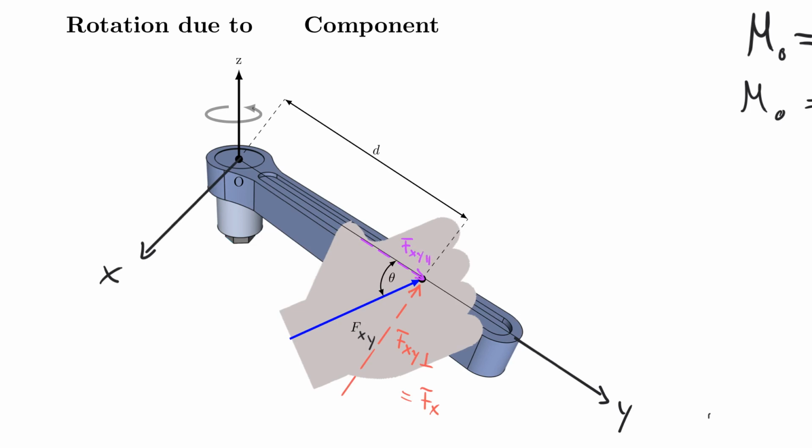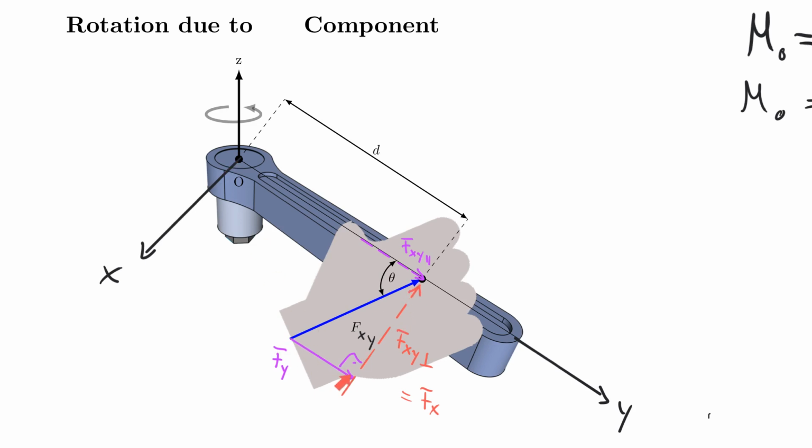But I think it's better to draw it up here because it shows us that we actually have the right angle here, and then we can also call it Fy. And again, intuitively, you already know that this force component is really what causes the rotation about this point. So you would never waste this part here.